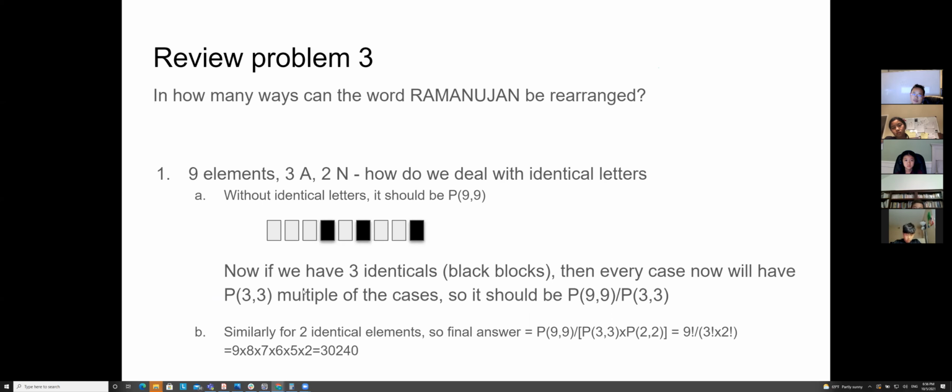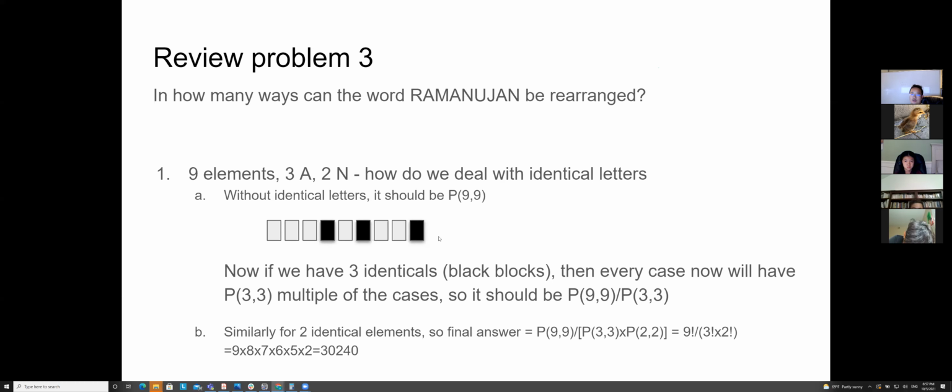So P99 divided by P33 should be the actual number of arrangements. It's a little bit tricky here. Let's say the number of arrangements is X for this thing. Now, these 3 elements, if they are doing P33, it doesn't increase anything. But assuming they are different, then you multiply X by P33, and it will equal P99.